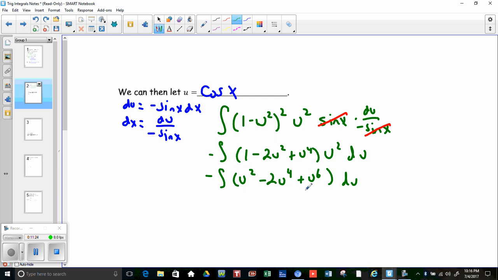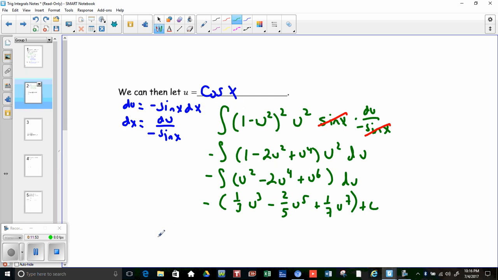And then now I can go ahead and take the antiderivative. I could distribute the negative through. It doesn't matter when you do that, just don't forget it. So this is going to be 1/3 u cubed minus 2/5 u to the fifth plus 1/7 u to the seventh plus c. And once again, don't forget to distribute the negative sign, and don't forget to plug back in the original u, which is cosine.